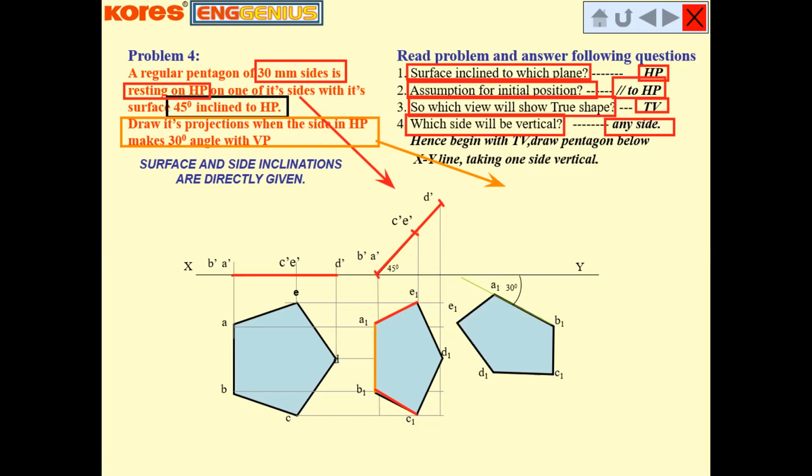Now what you need to do is take the projection from the top view to the front view, upper side like this. From point E1, from point D1, from point C1, from point B1 and from point A1 like this. And take the projection from left to right and join the different points like this.